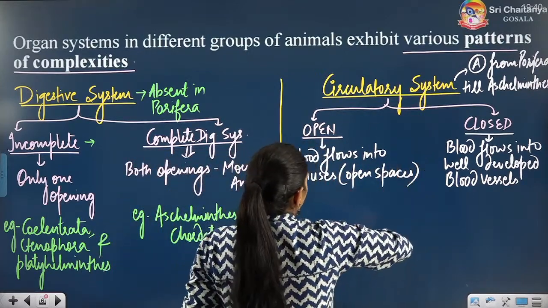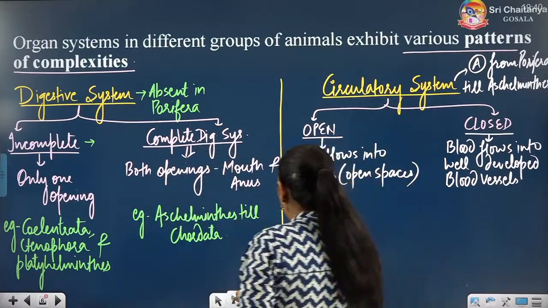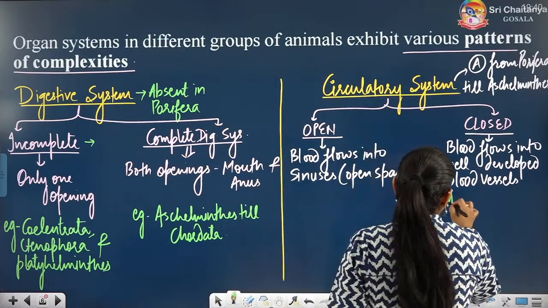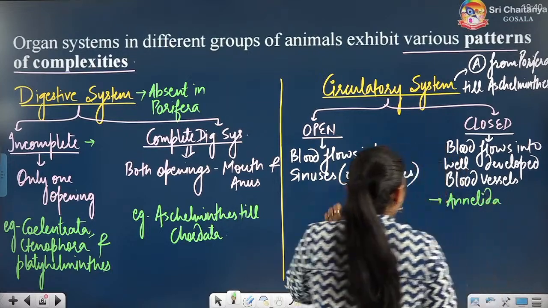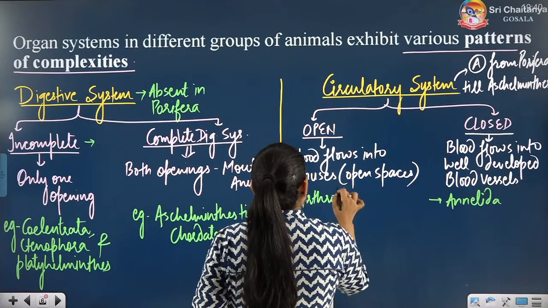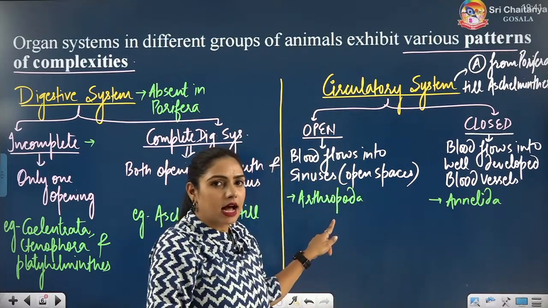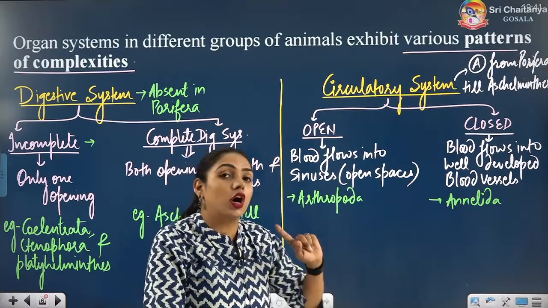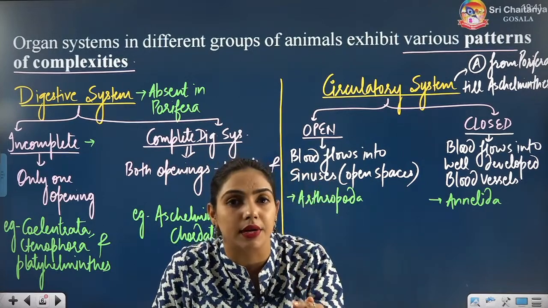After Aschelminthes, Annelida will come and Annelida has a closed circulatory system. You have to remember the examples. Then after Annelida, what comes? Arthropoda. After Arthropoda there will be Mollusca, then Echinodermata, then Hemichordata, then Chordata. In Chordata I have told you Urochordata, Cephalochordata and Vertebrata.